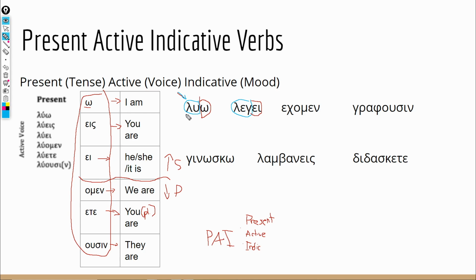You're loosing something, you're setting something free. And o is the thing that changes, is the inflection. So if you just look at the chart, you say, okay, I see here, this matches O and O. Okay, so therefore you know it is first person singular, so I am can be added in there. So this is translated as I am loosing.